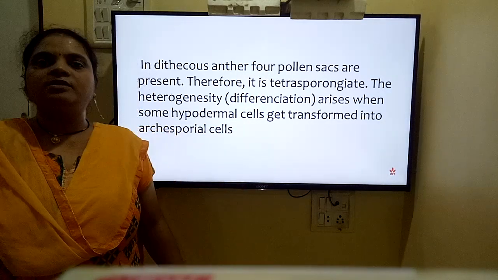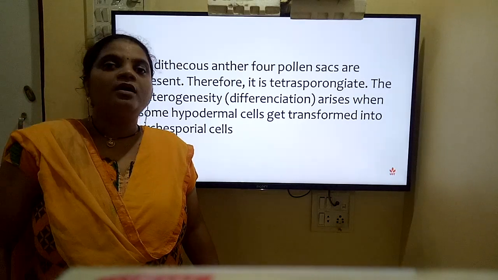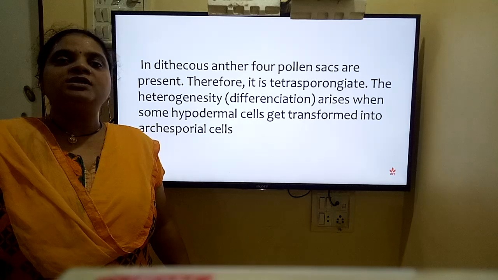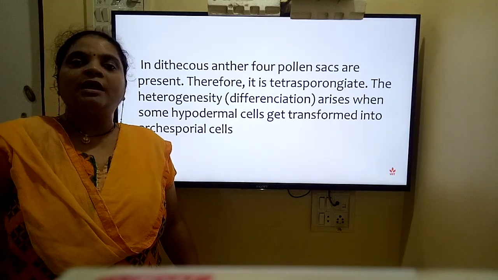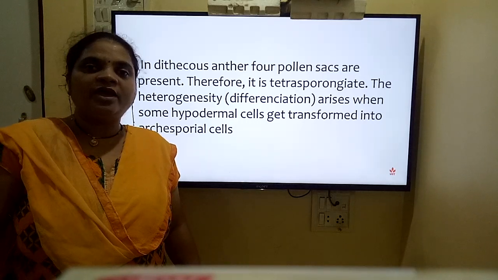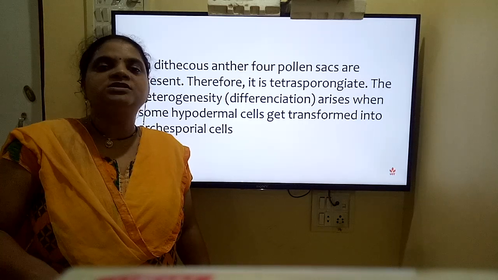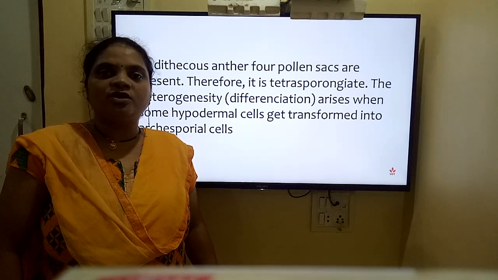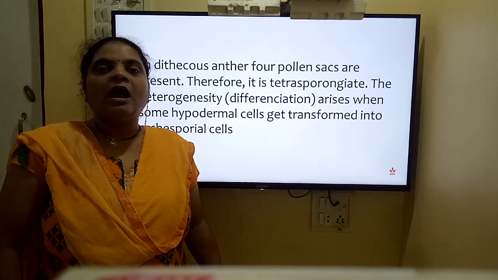Now immature anther, as I told you, has a group of parenchymatous tissue. This epidermal layer covers the parenchymatous tissue, and below the epidermal layer there is the hypodermal layer.